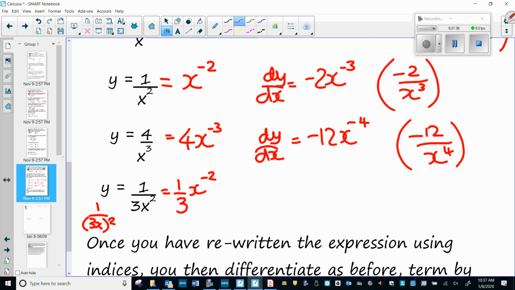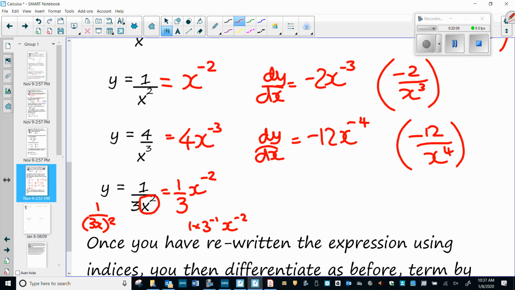Because here it's just my x that has a power of 2. I mean, when I say it can't move, it could move, but you would write 1 times 3 to the negative 1, x to the negative 2.